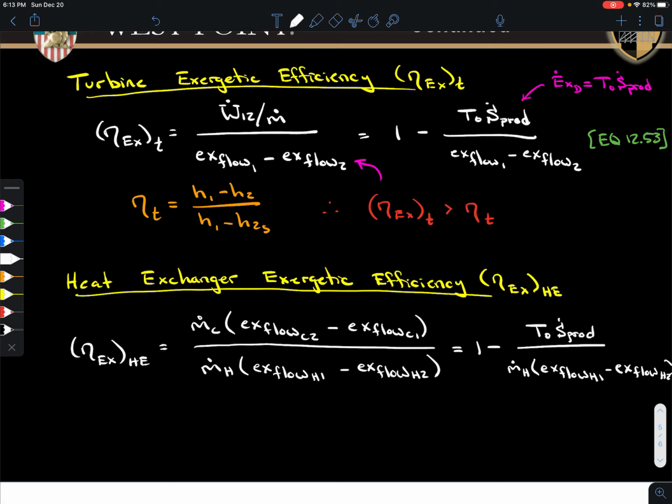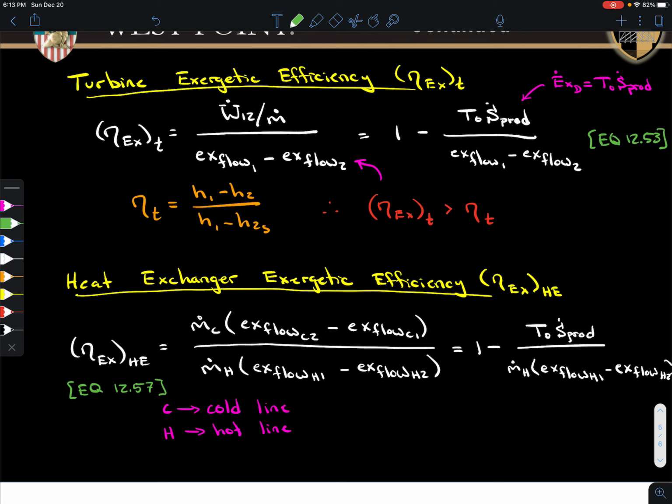Running out of space over there. I want to make sure that I clarify, right? C is our cold line on that heat exchanger, and H is our hot line on that heat exchanger. And this whole thing, to see the additional derivation and details, is equation 12.57.